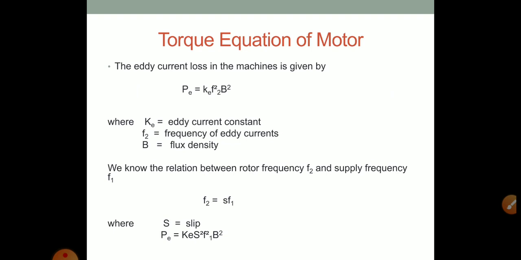We know the relation between rotor frequency f2 and the supply frequency f1. It is given as f2 equals S, or slip, times f1. Now replace the value of f2 as S times f1 in the equation of eddy current loss Pe. We get Pe equals Ke S square f1 square into B square.